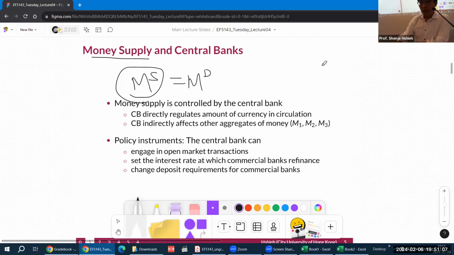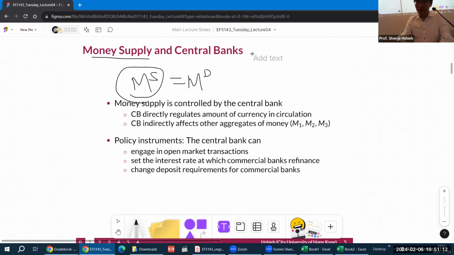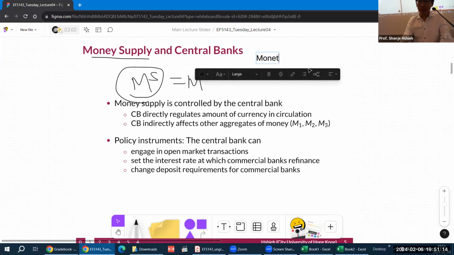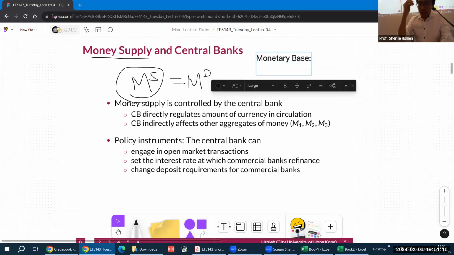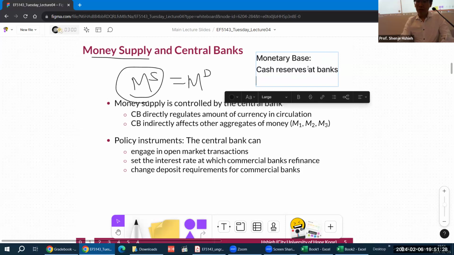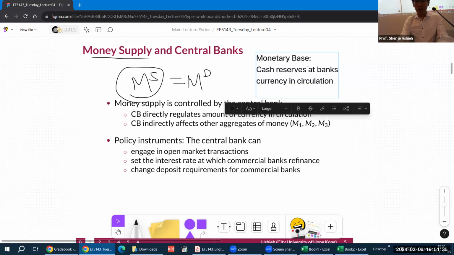Money supply refers to several things, but it's important to talk about something else first called the monetary base. So monetary base is cash reserves at banks, as well as currency in circulation, and also excess reserves.